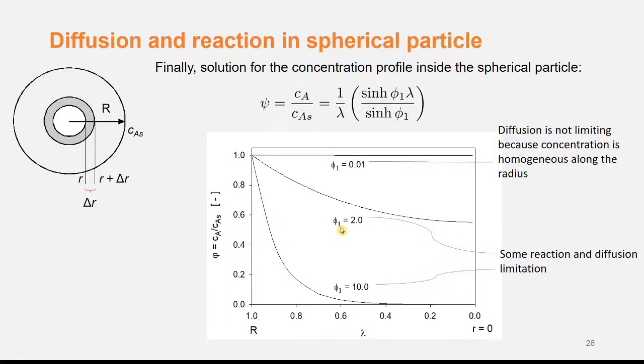At an intermediate value of phi 1, we get a bit of both situations. The reaction and diffusion occur at about the same rate. So the concentration drops within the pellet, but all parts of the pellet have a reasonably high reactant concentration.